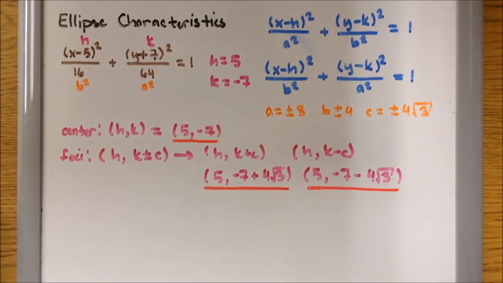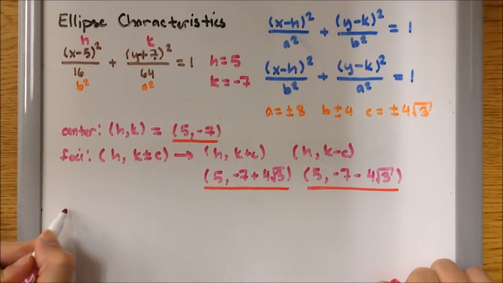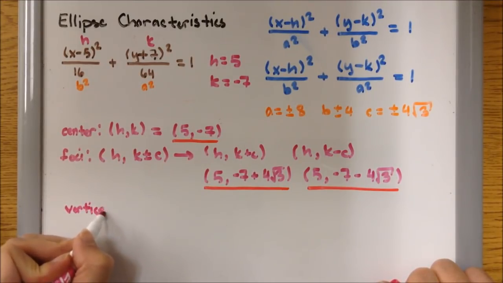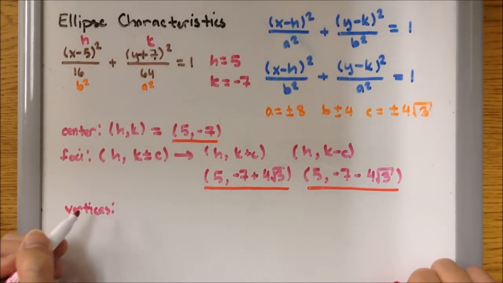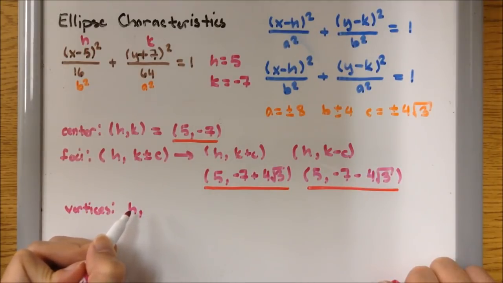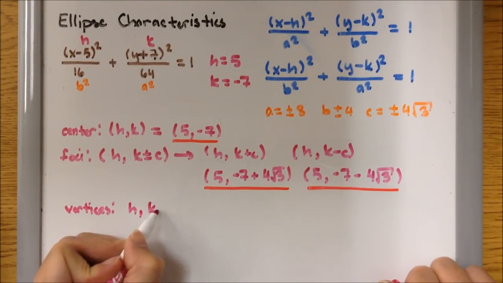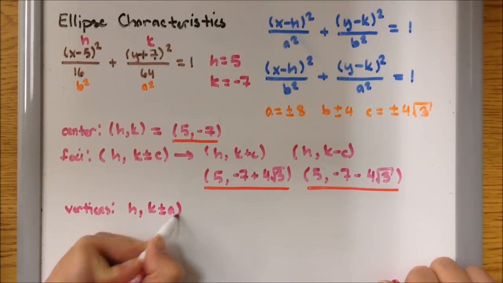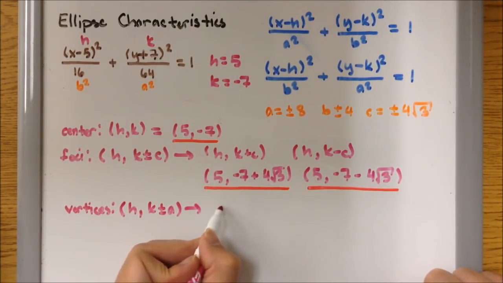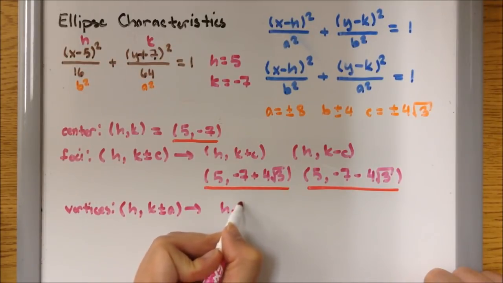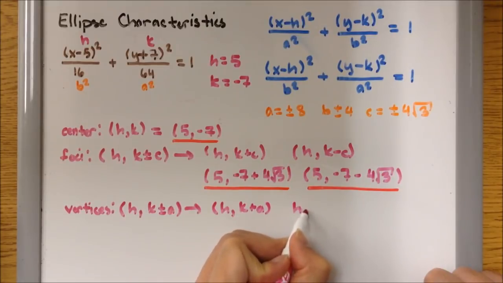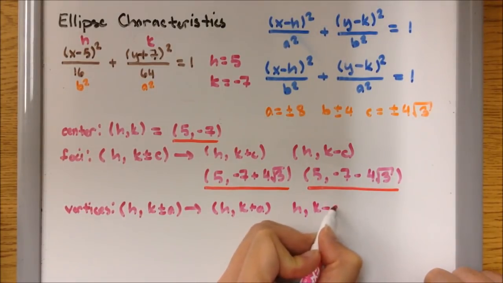Alright, next is vertices. The formula for vertices is h, comma, k plus and minus a. So again, 2 points. h, comma, k plus a, and h, comma, k minus a.